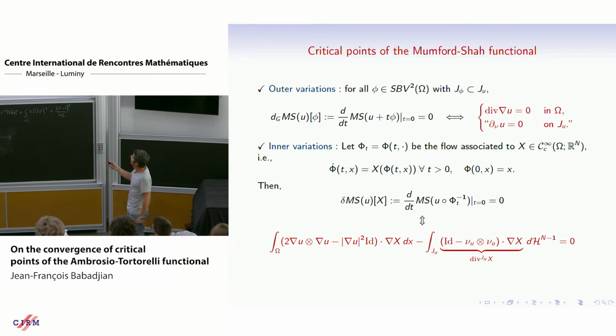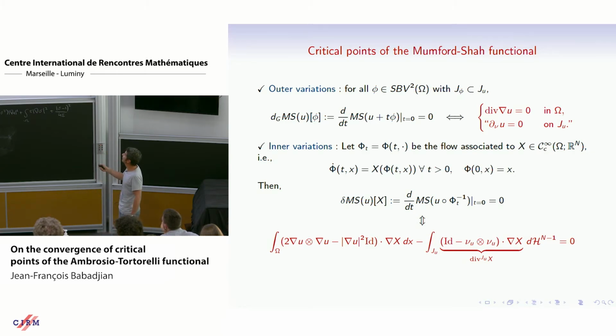So you take a test function phi in your energy space, and you do a variation of the form u plus t phi. So the jump set of phi has to be contained in the jump set of u because of the lack of differentiability of the surface term in the Mumford-Shah functional.